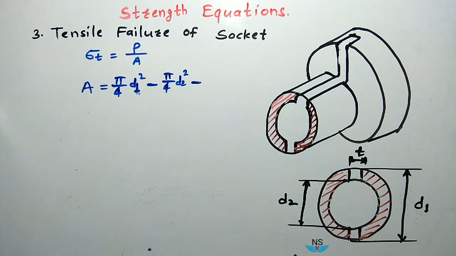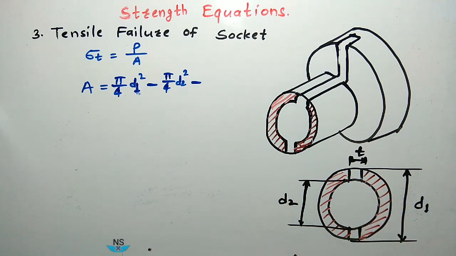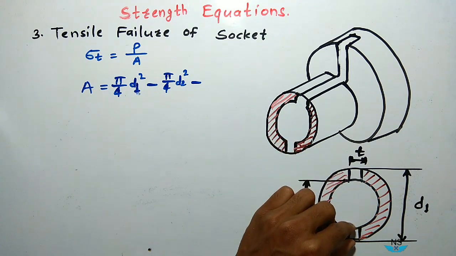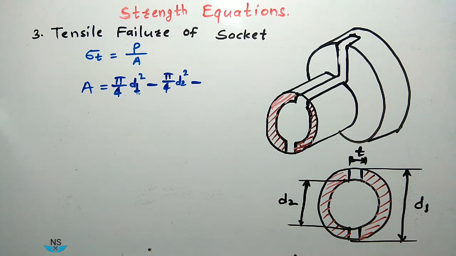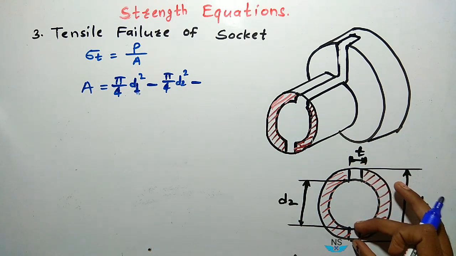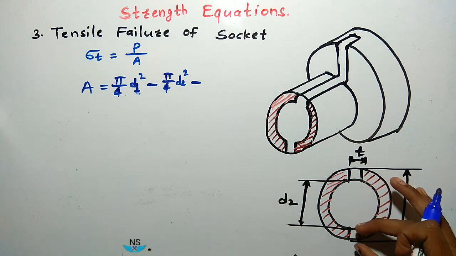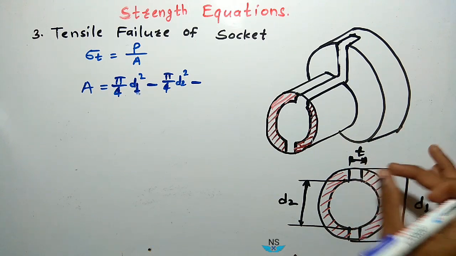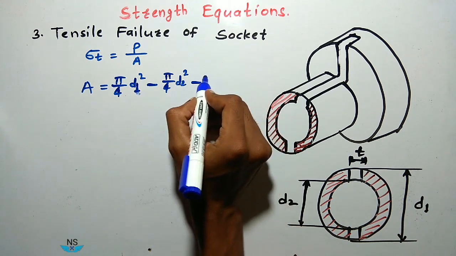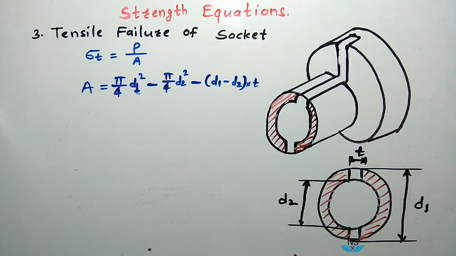पाई बाय 4 d2 स्क्वायर माइनस इस स्लॉट का एरिया। So d1 minus d2. So this ring will remain. अगर d1 minus d2 मैंने किया तो ये रिंग सिर्फ बाकी रहेगी, उसको मैं इंटू t करूँगा तो इस रेक्टेंगल का एरिया हो जाएगा। So d1 minus d2 into t.